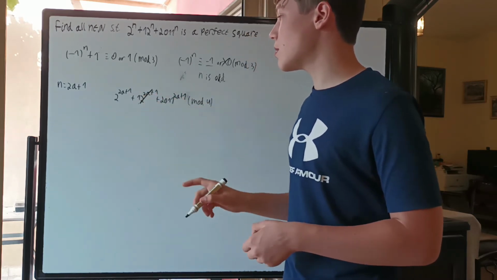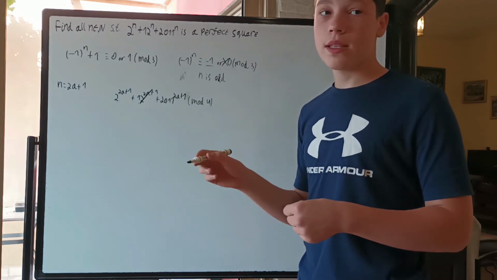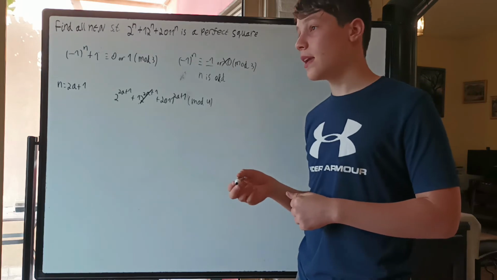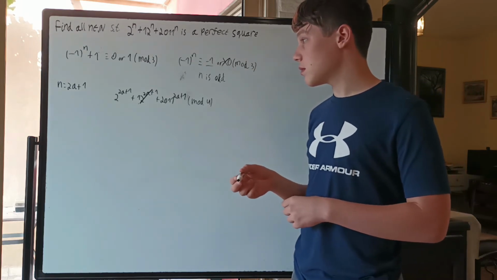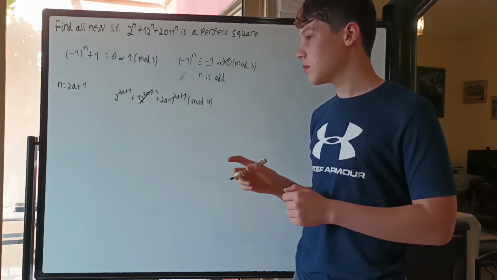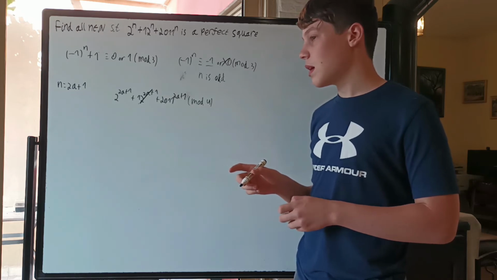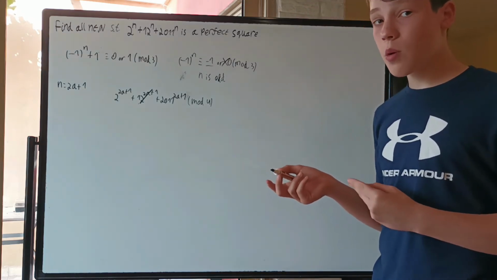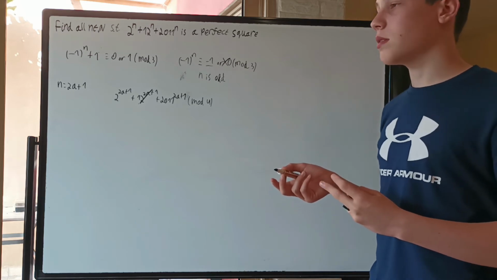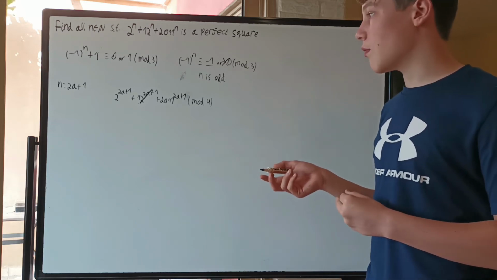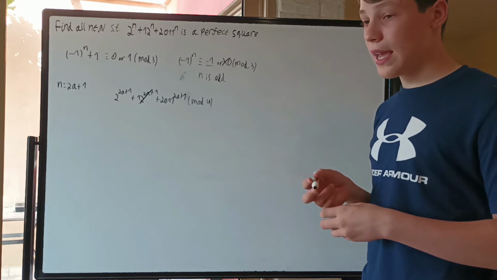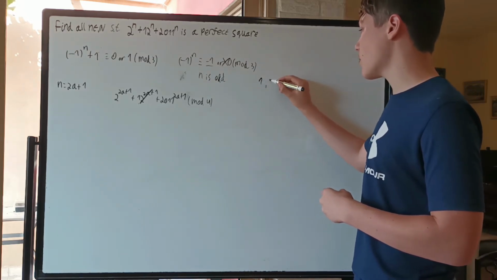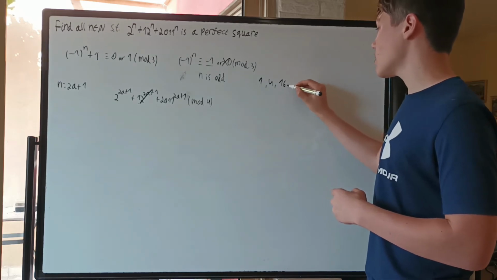This first term, it's 2 to the 2a plus 1, so that's 4 to the a times 2. 4 to the a will be either 1 mod 4 if a is 0, and 0 mod 4 if a is bigger than or equal to 1, because the powers of 4 are like 1, 4, 16, and so on.